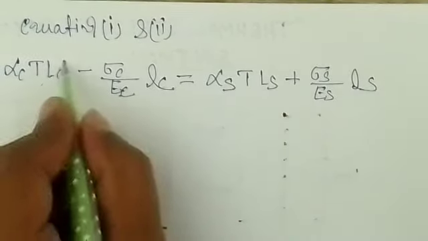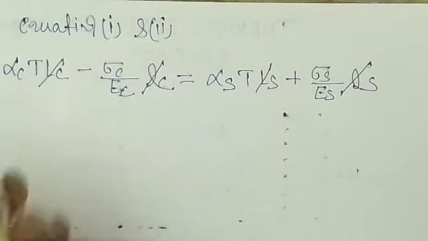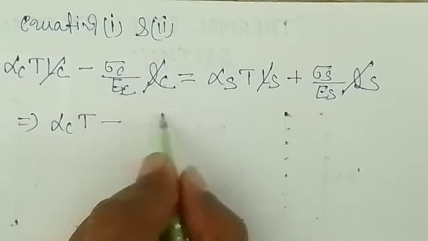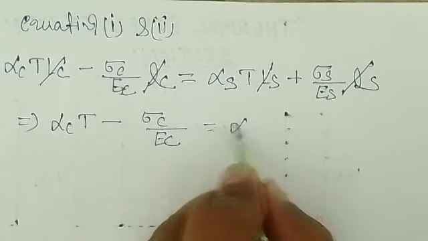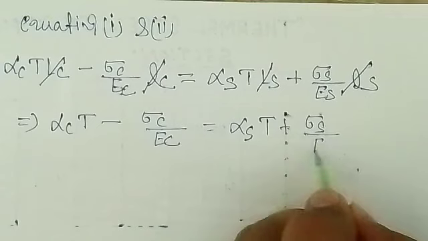But you know the length in both the bodies will be the same, so Ls and Lc will get cancelled. The equation becomes alpha c into T minus sigma c by Ec is equal to alpha s into T plus sigma s by Es.